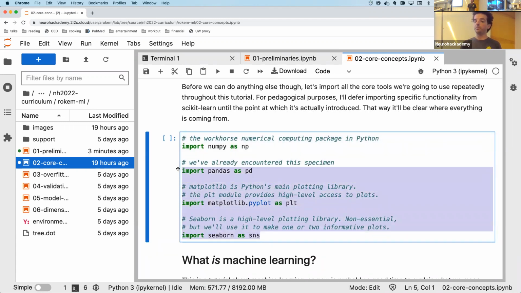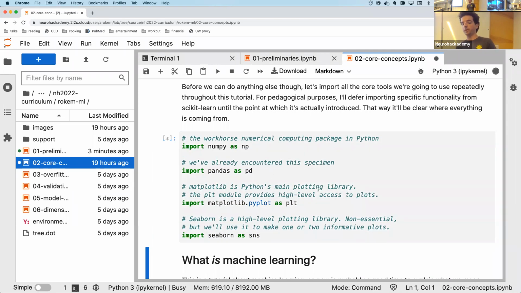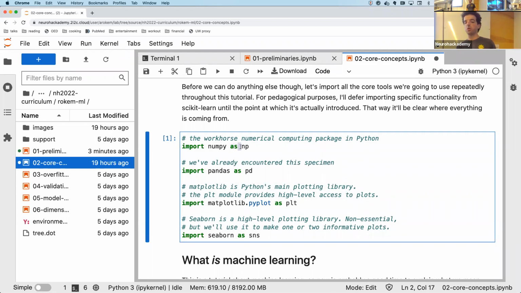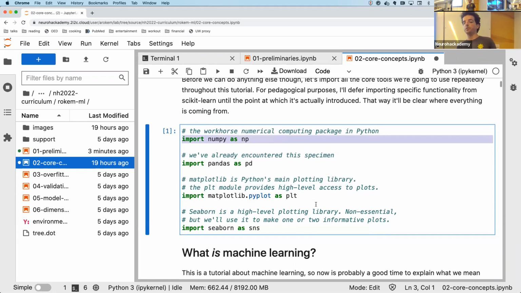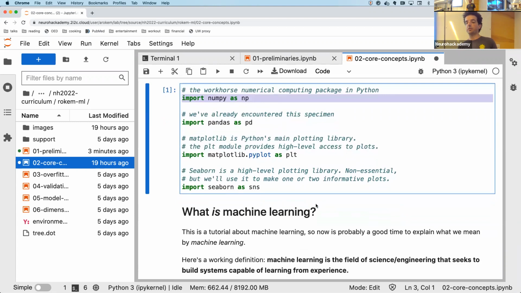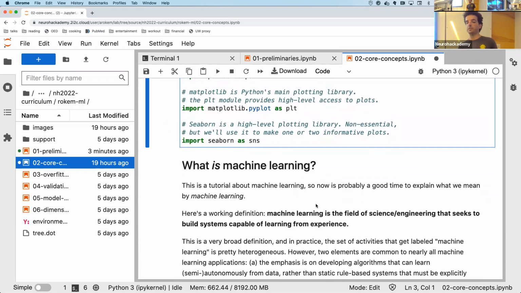Some of you have seen these in tutorials that were held in this room yesterday and today, for visualization and for data munging, and we'll use them a little bit, although they won't be the focus of this tutorial. If there are questions about what those are doing, we can take those separately. So we're going to import all of those and also NumPy, which is the main numerical computing package in Python, on which all of this is based.